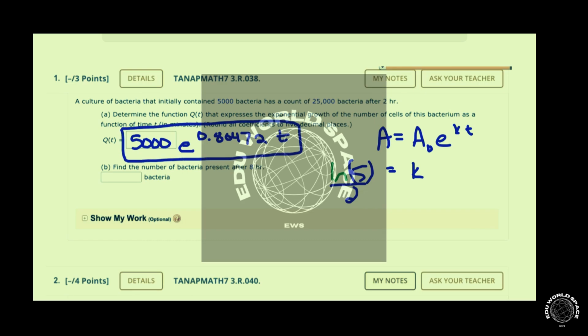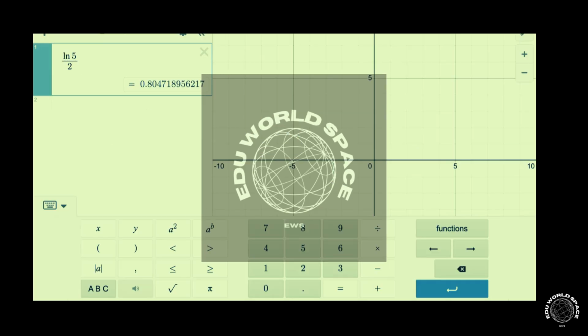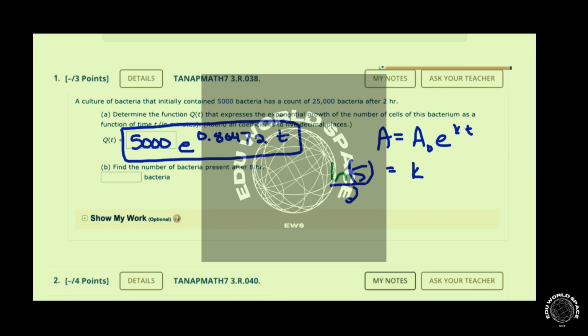Find the number of bacteria after 8 hours. We'll substitute 8 into that function. So 5,000 e to the 0.80472 times 8 hours, big number.